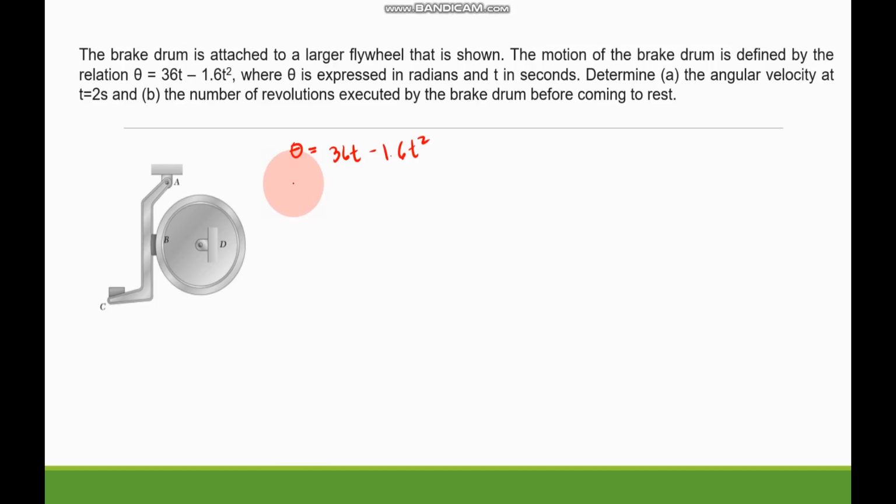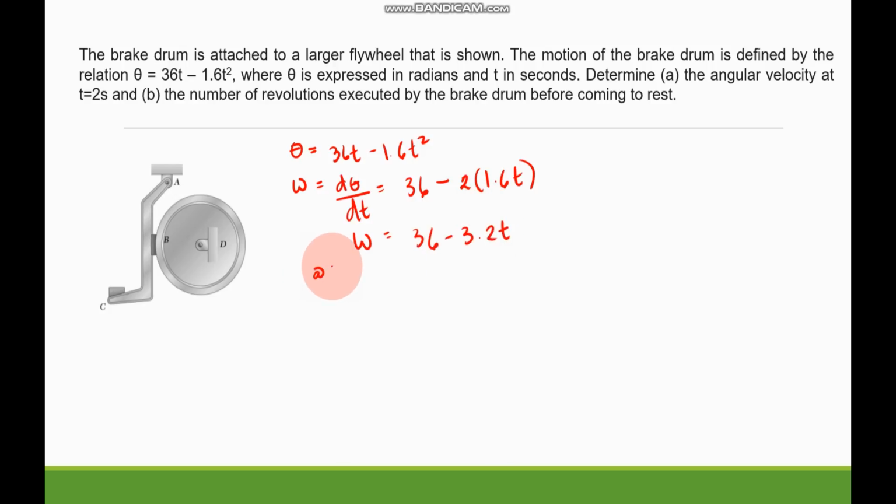So to be able to have an equation for our angular velocity, we will take the first derivative of the angular coordinate with respect to time. So it is equal to 36 minus 1.6 of 2t, so it is equal to 36 minus 3.2t. So this is now our formula for the angular velocity.